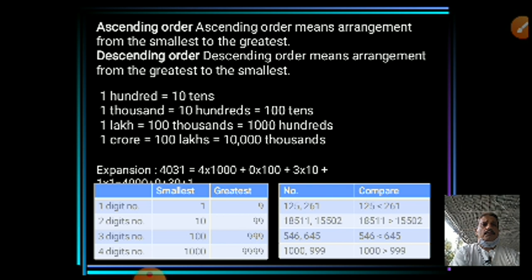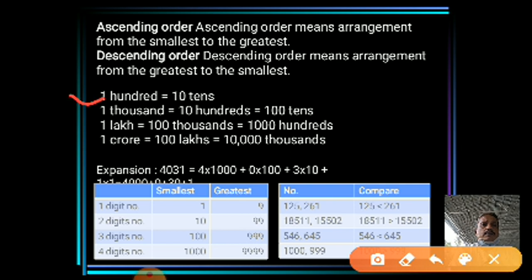Look here, one table. One important thing you have to keep in your mind is that 100 is equal to 10 tens. 1000 is equal to 10 hundreds, or sometimes you can say 100 tens. Have you seen a 10 rupees note?